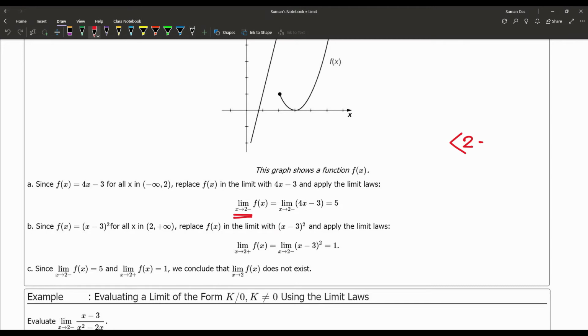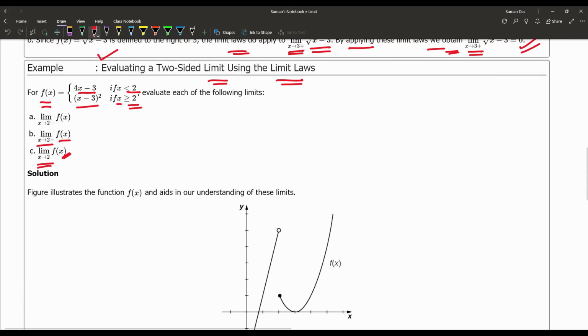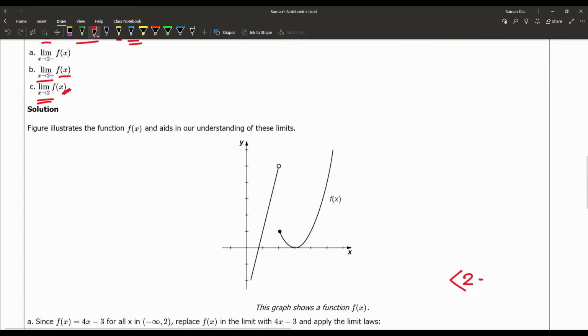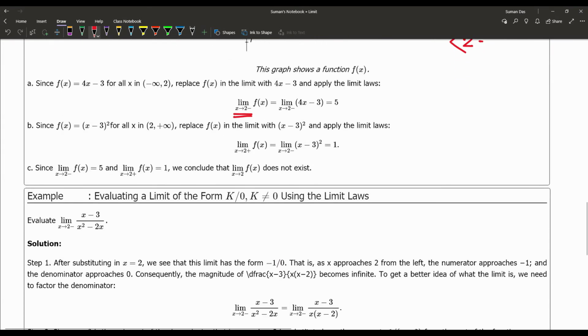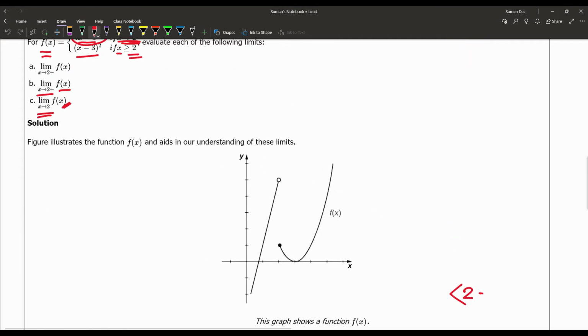So when we are trying to evaluate f(x) here, with x less than 2, the function must be 4x minus 3. So the limit as x tends to 2 minus of f(x) is equal to the limit as x tends to 2 minus of 4x minus 3, and putting in x equal to 2, we get the result as 5.